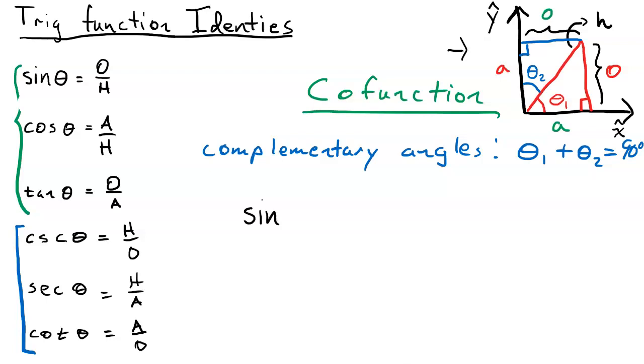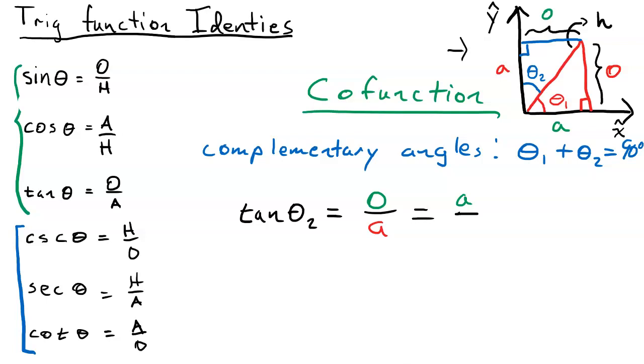So maybe you've already made the connection, but actually, it's better to do tangent. If we look at tangent of theta 2, this is going to be equal to opposite over adjacent, so the green O over the red A. Now, since the green A is the same as the green O, we can simply change this to adjacent.